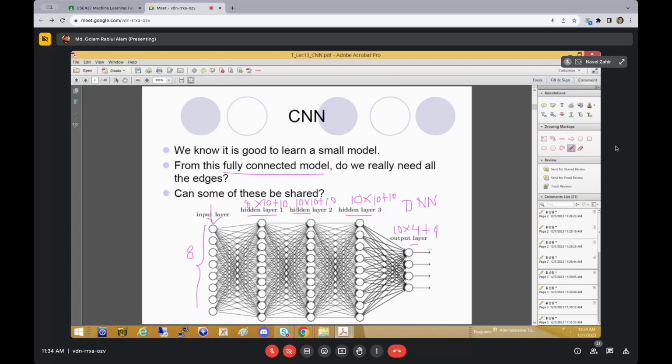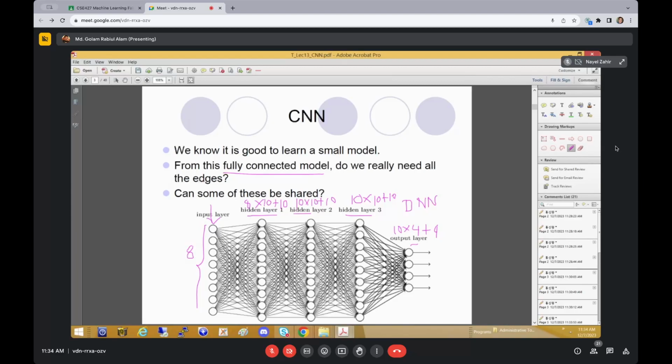So if someone asks how many parameters you have to learn for this neural network model, these are the parameters we need to learn if we consider the fully connected neural network here.